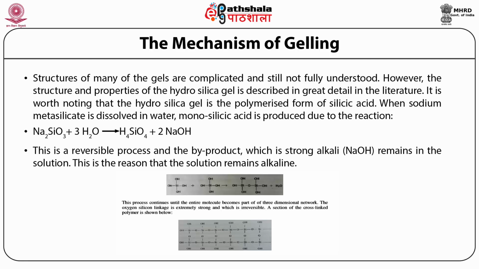This process continues till the entire molecule becomes part of the three-dimensional network. The oxygen-silicon linkage is extremely strong and irreversible. A section of the cross-linked polymer is shown in the diagram below.